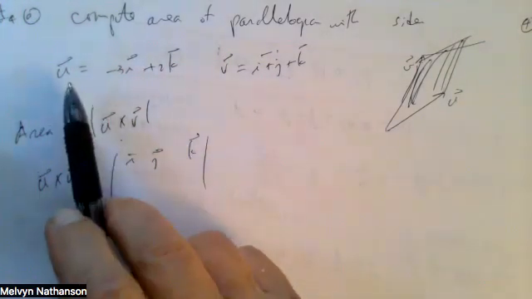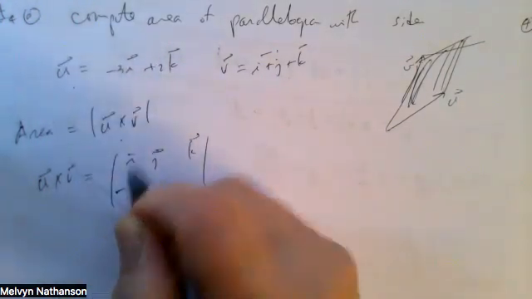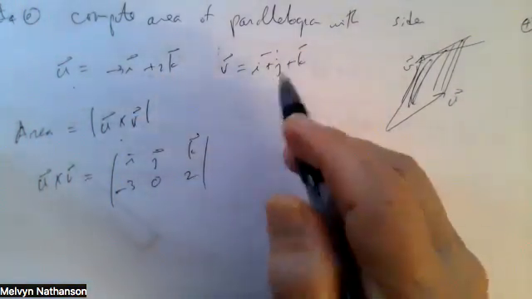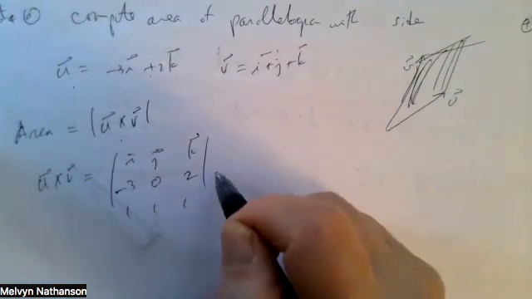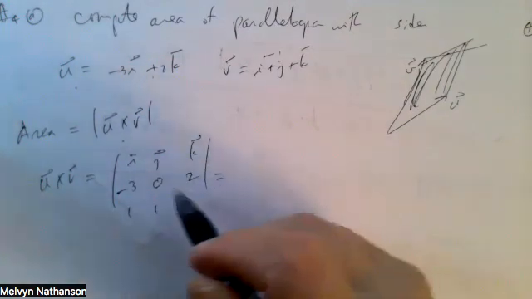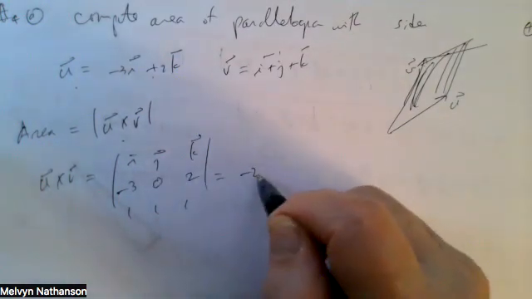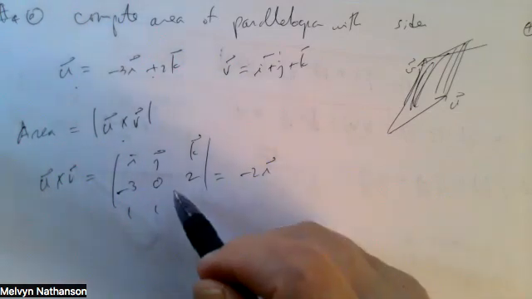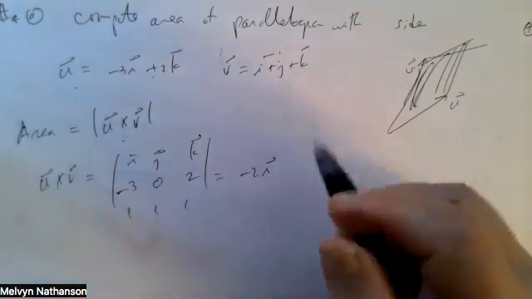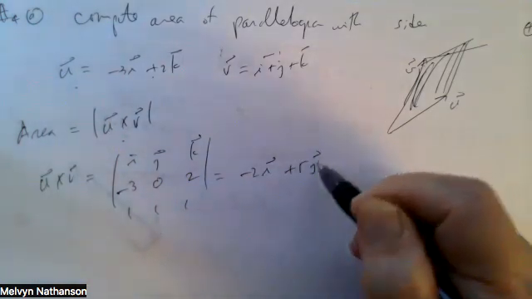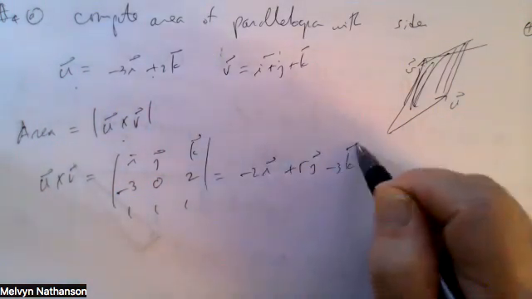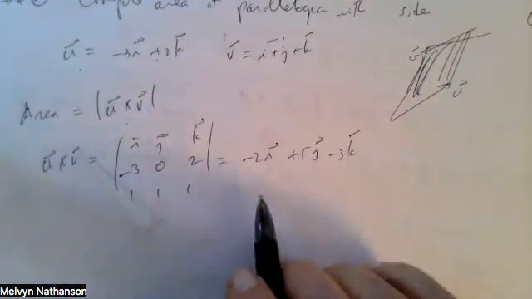The second row are the coordinates of U. Minus 3, 0 times j, 2 times k. V is 1, 1, 1. So if I compute this cross product, I get 0 minus 2i, minus 3 minus 2 is minus 5, minus 5 is plus 5, and minus 3k. That's the vector U cross V.